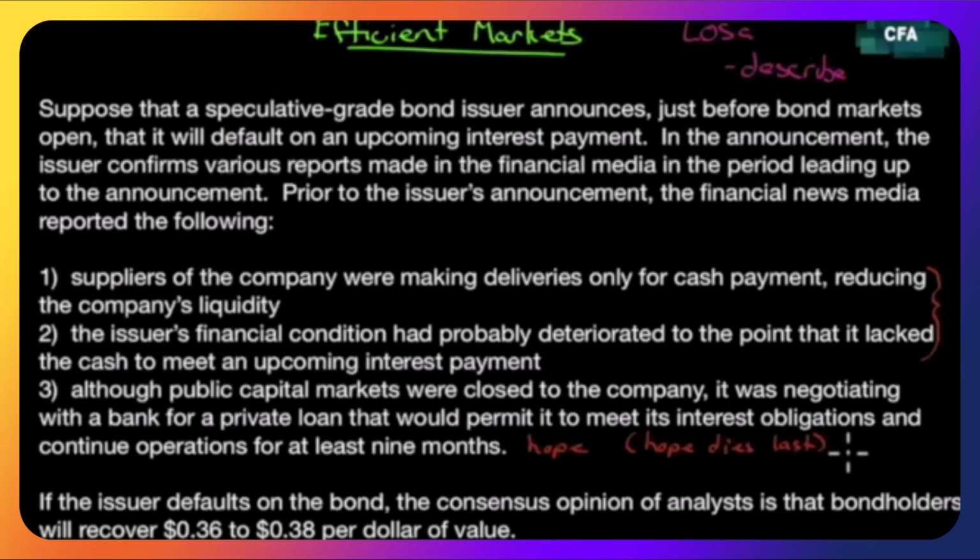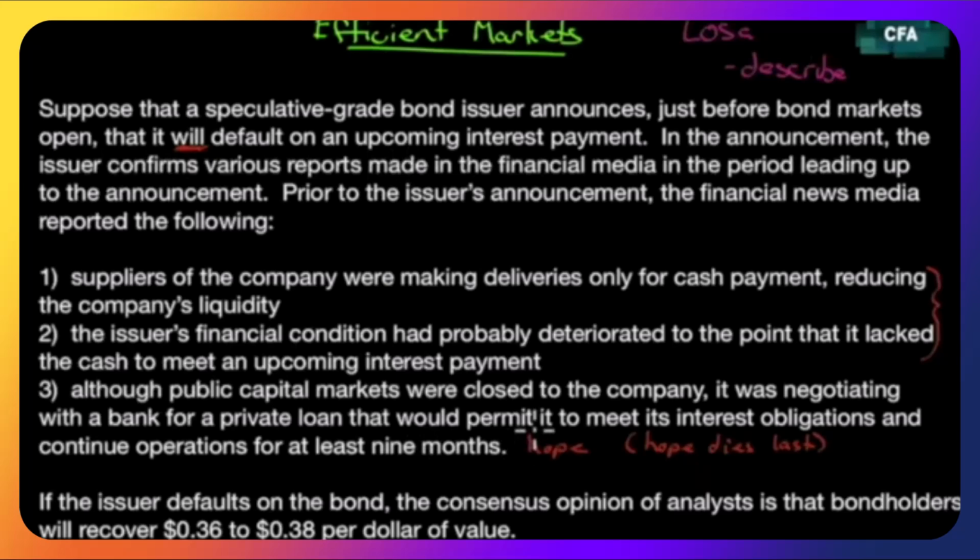So, if the issuer defaults on the bond, the consensus opinion of analysts is that bondholders will recover 36 to 38 cents per dollar of value. We haven't looked at what the questions are. We've just laid out the scenario here. The statement that they made is that they will default on an upcoming interest payment. Number 1 and number 2 sort of suggested that. Number 3, there was some hope there. This announcement kills that hope.